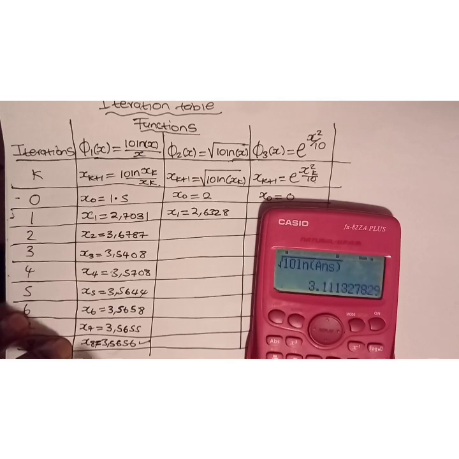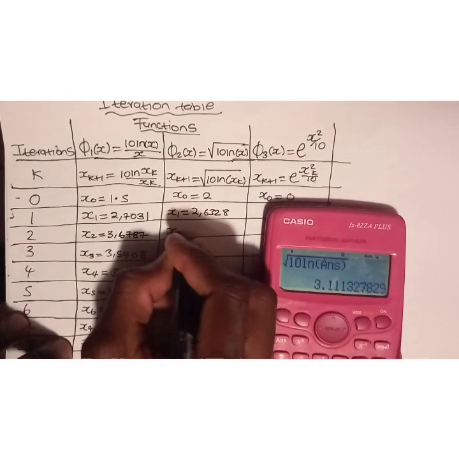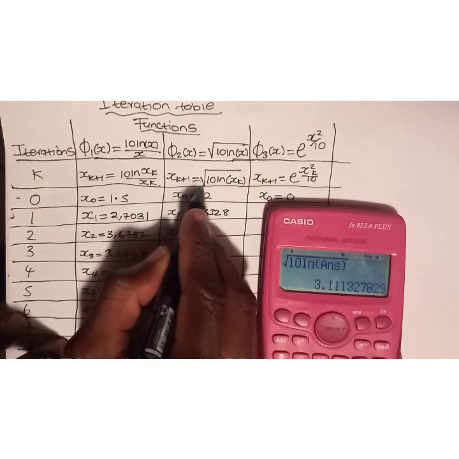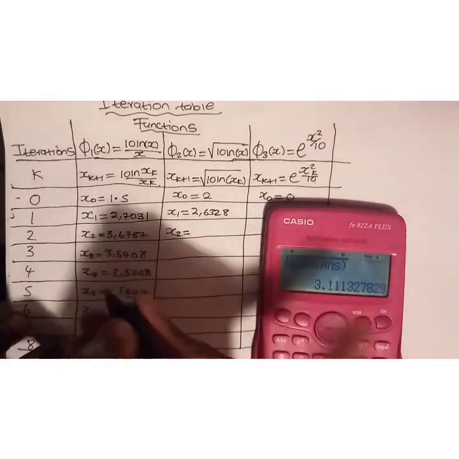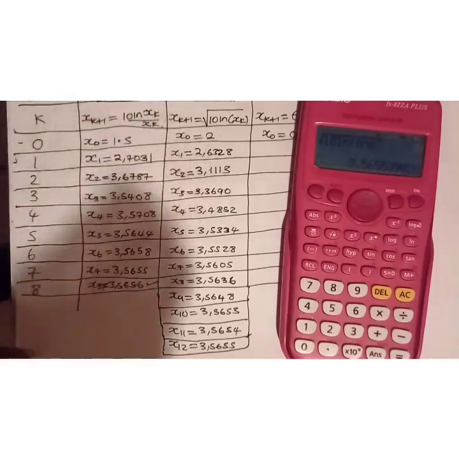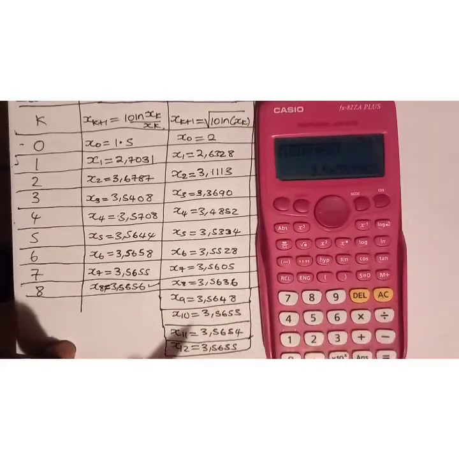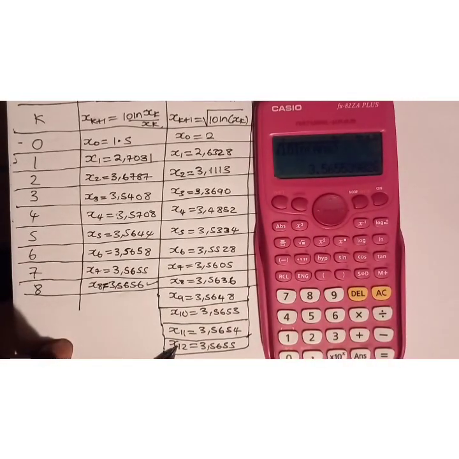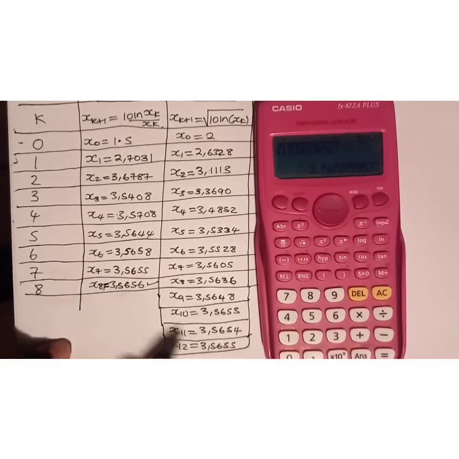What do I do? So I'll get my x2 as a square root of 10 ln of x1. So this is the value. So proceeding further as we did, as you can see on iteration 12, the value is not changing, so which is the same root as this.